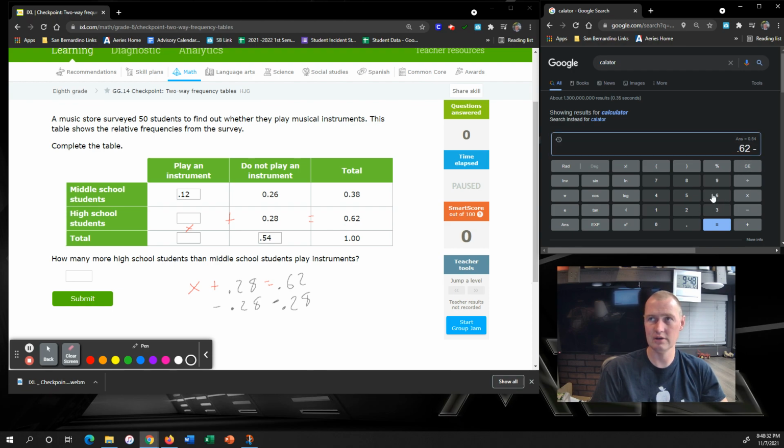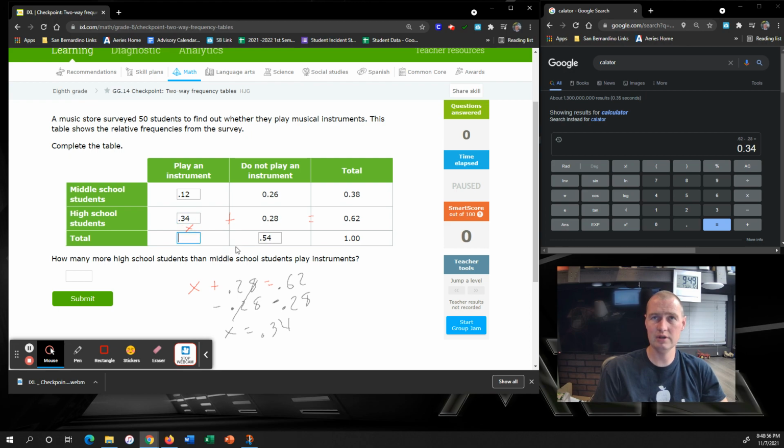Be careful with the calculator because all you have to do is type it in wrong and you'll be unhappy with the result, because one number wrong, you get the whole thing wrong. And we get 0.34. So x equals, because the 0.28s are gone, 0.34. All right, we're going to plug in 0.34.